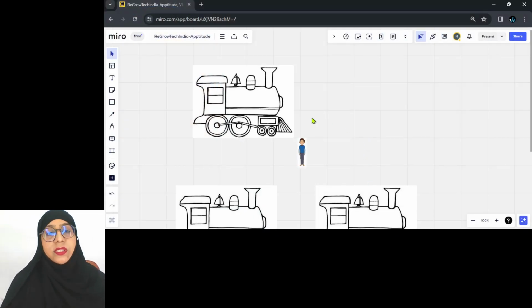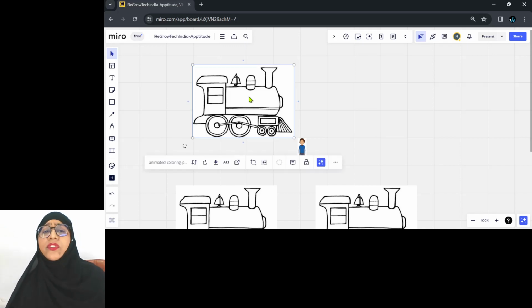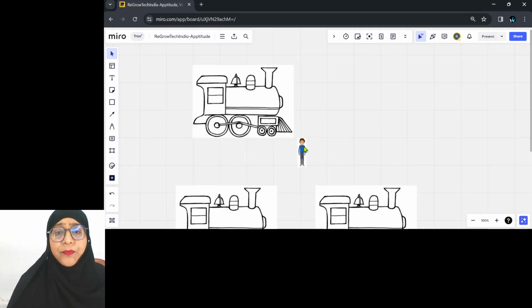So first things first, let us understand what really happens if there is a train and there is a man. If you think about the relationship between a man and the train, the man is actually a point object with respect to the train, because the train is quite large and the man is, in respect to that, a point object, right? Very, very small.